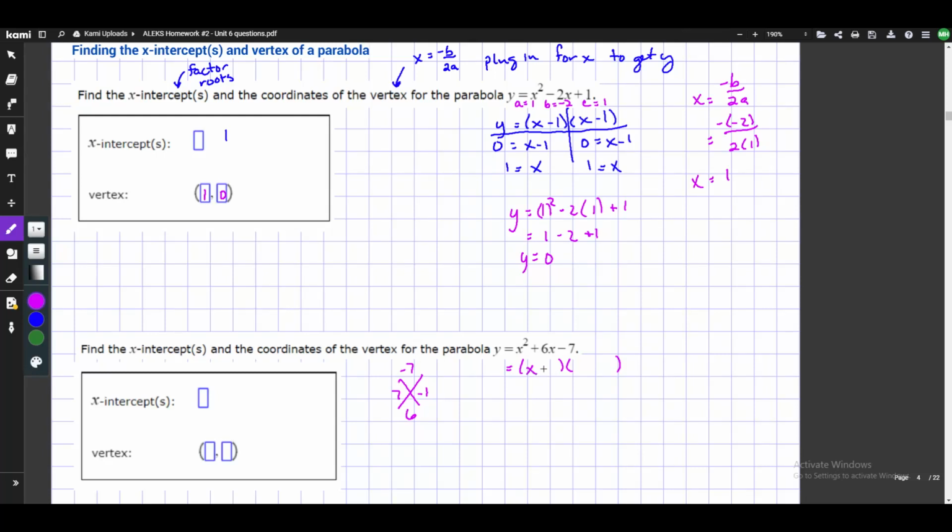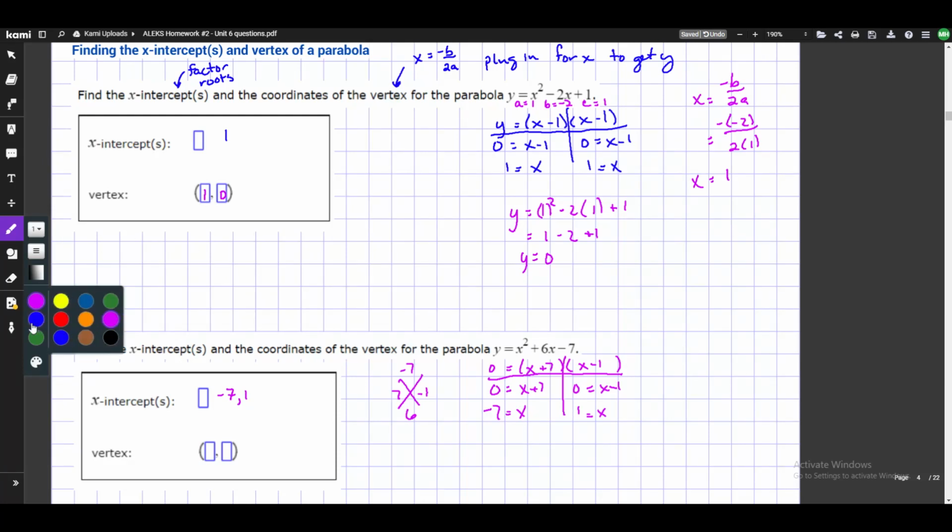So this is x plus 7, x minus 1, and I'm going to set it equal to 0 because I'm looking for my intercepts. So I have x plus 7 equals 0, x equals negative 7, and 0 equals x minus 1, x equals 1. So my x-intercepts are negative 7 and 1.